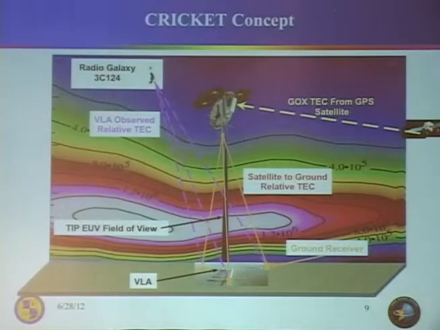As an example of this, one of the more recent things we did was to try a campaign where we actually used VLA on the ground and made ionospheric measurements during an overflight of one of the COSMIC satellites. We were looking at a bright radio galaxy, 3C124, which for all intents and purposes is a point source.